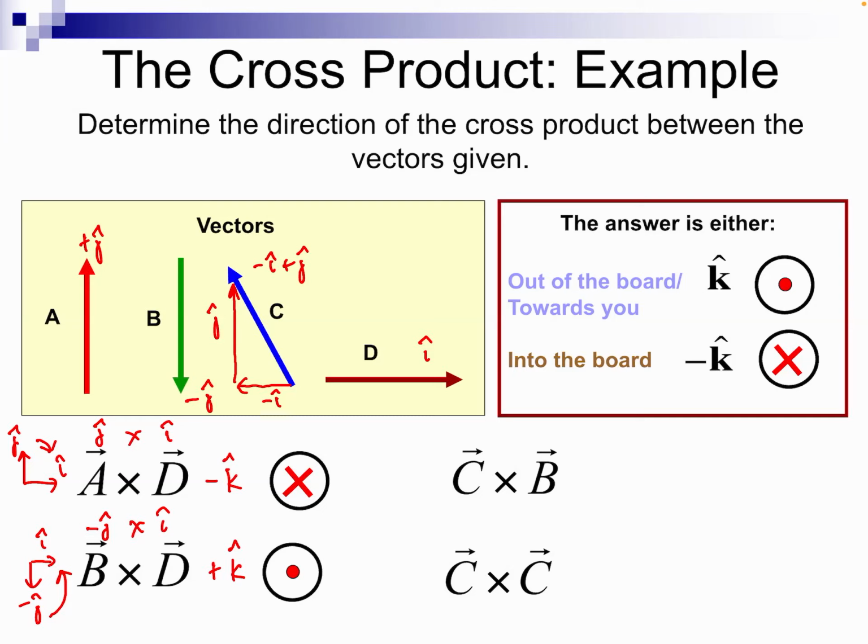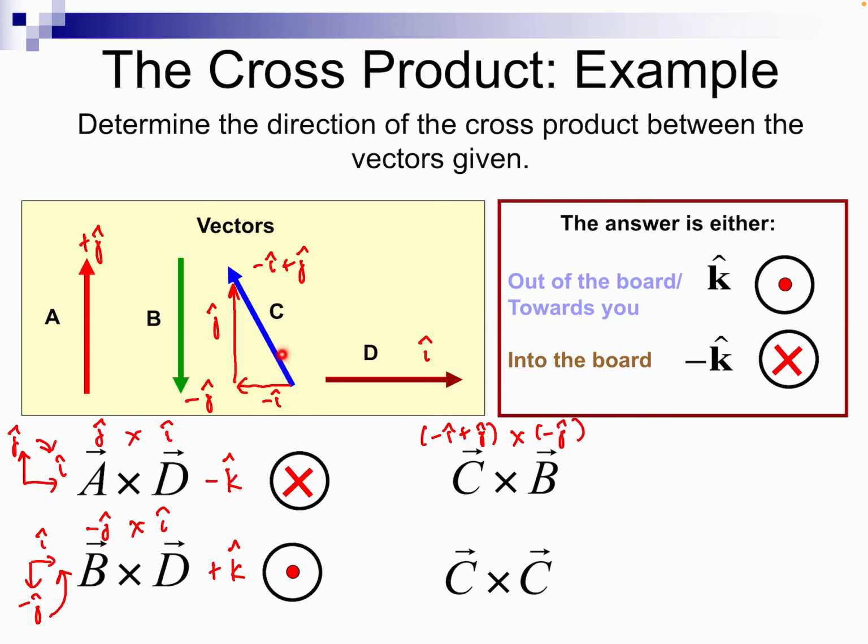Okay, C cross B, you have minus I hat plus J hat crossed with B, which is minus J. As I've said, you can break down vector C into an I component and a J component.